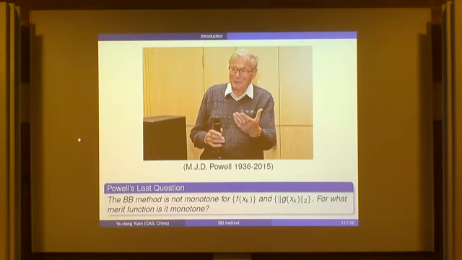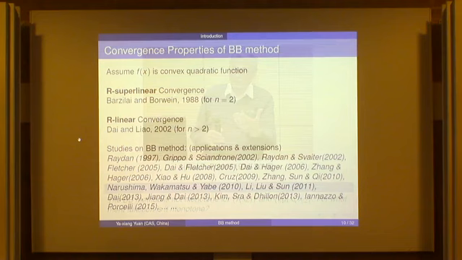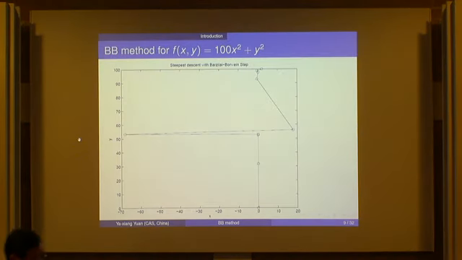The talk I'm going to give today is about what I call the last question of Michael Powell, my PhD advisor. At one conference, when people were saying the BB method is so good, he pointed out that the BB method has one undesired property, which is that it is non-monotone. Look at the previous picture here. Starting here, this point will jump to here.